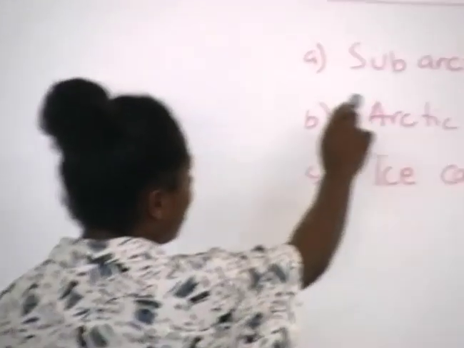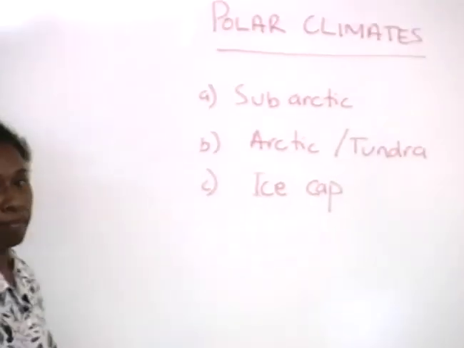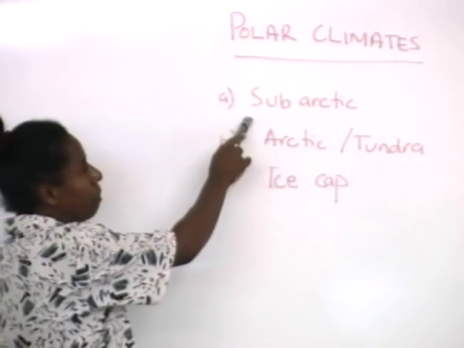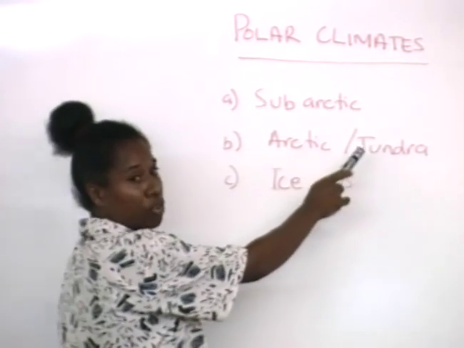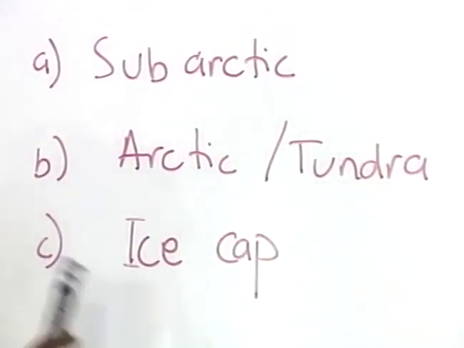The 3 polar climates we are going to touch on today will be the subarctic polar climates, the Arctic or the tundra climate, and the third one will be ice cap.